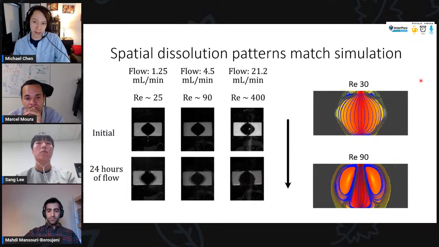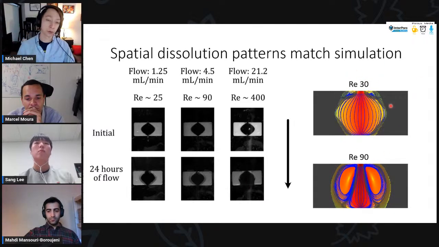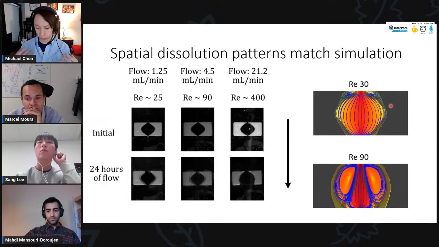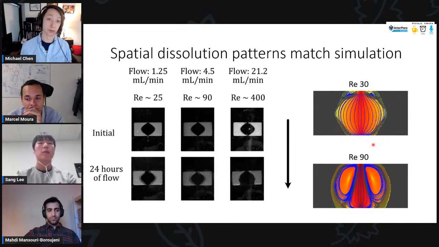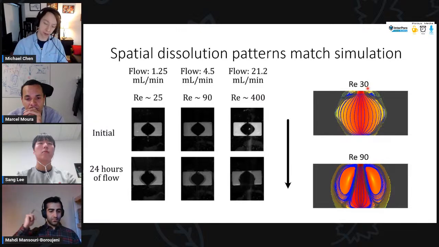Now, keep in mind, low versus this higher case, that the Reynolds numbers aren't going to match exactly because we're dealing with different reaction kinetics. And so there may be some differences as to the threshold Reynolds numbers that lead to these patterns. But it's encouraging that we see that with increasing Reynolds number, that switch in the orientation of which side dissolves faster.